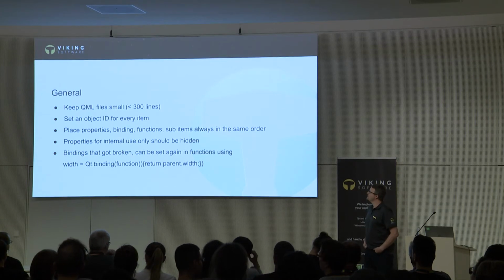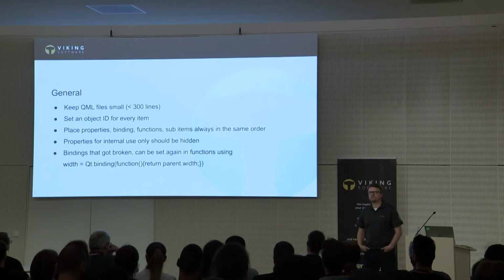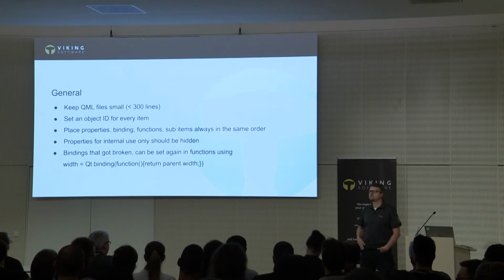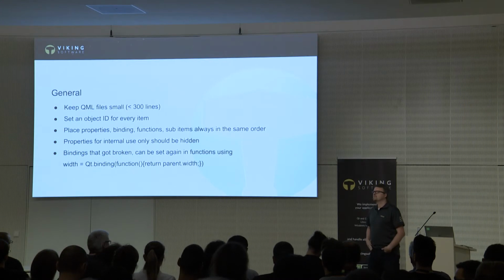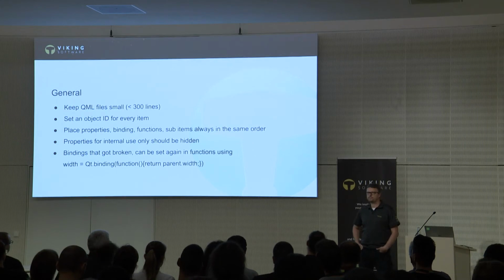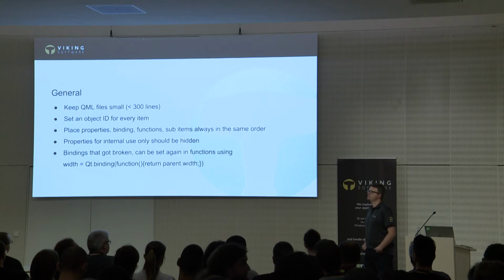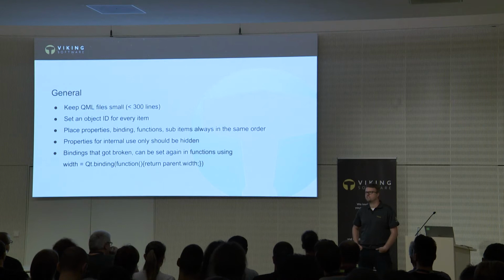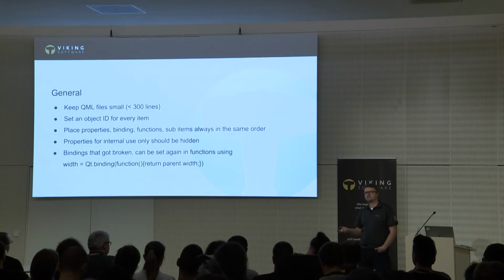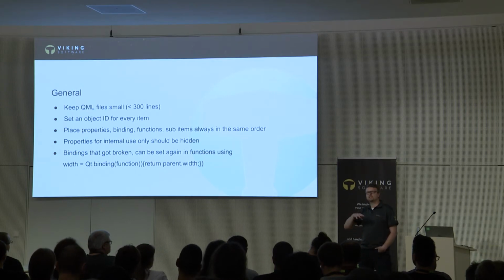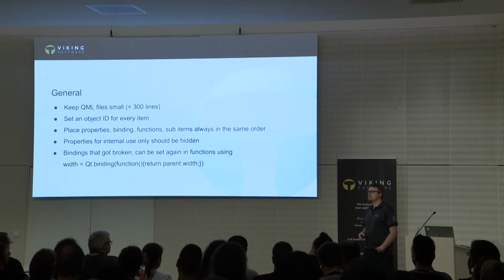The second one is the ID. You can set the ID on every object, and usually you use it to reference it. I set it for every item, simply because it serves as documentation. For example, you have a mouse area, and the purpose of the mouse area is to prevent all the clicks and touches from going through to other items.